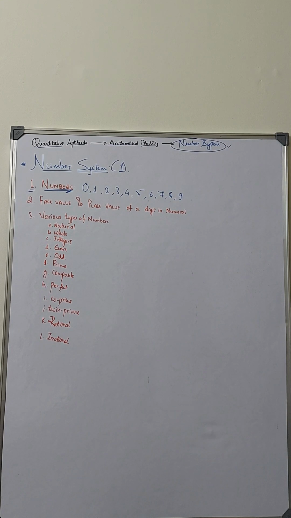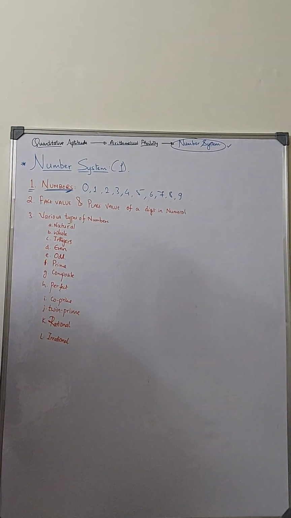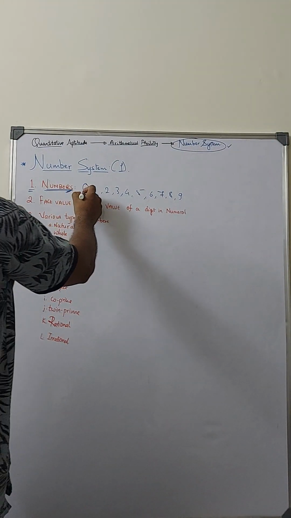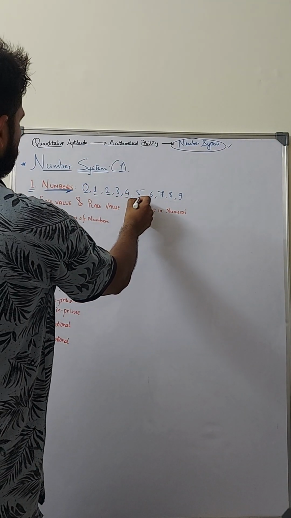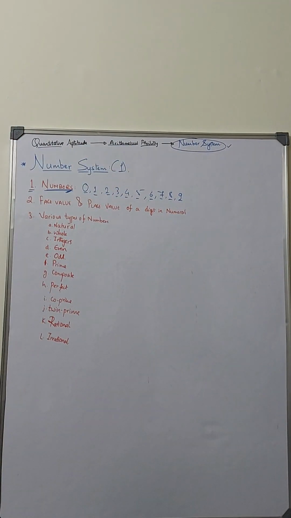In theory, a number is denoted by a group of digits, which is called a numeral. So this is one numeral, these are all numerals, and this group of numerals is nothing but the number.